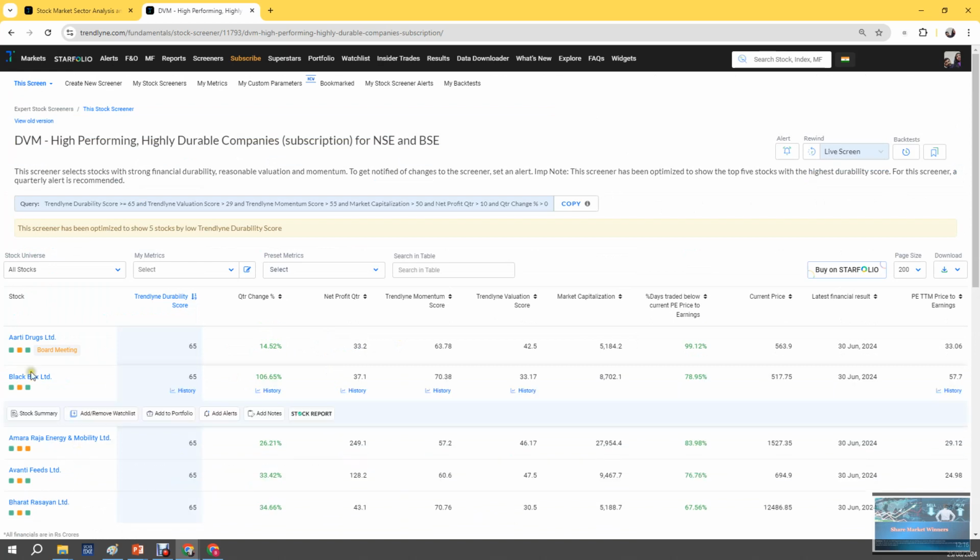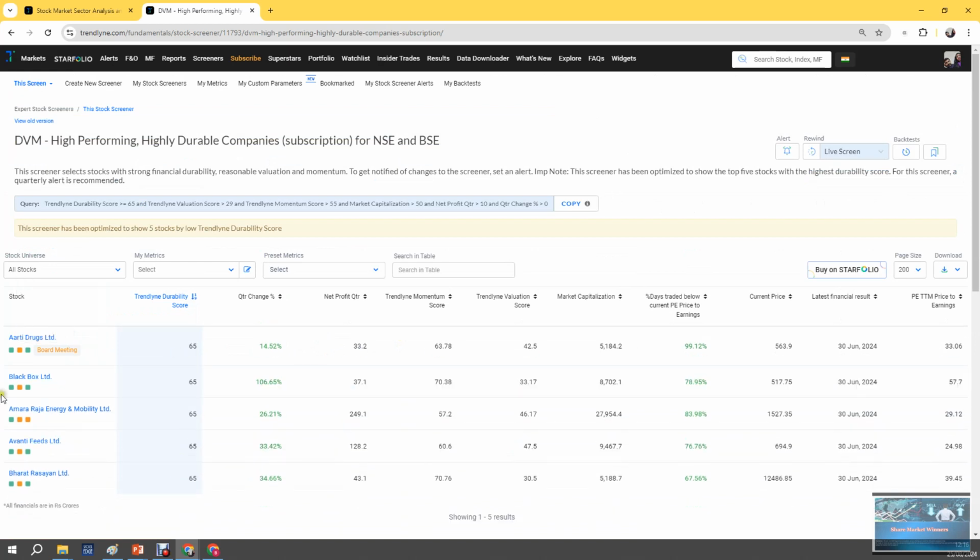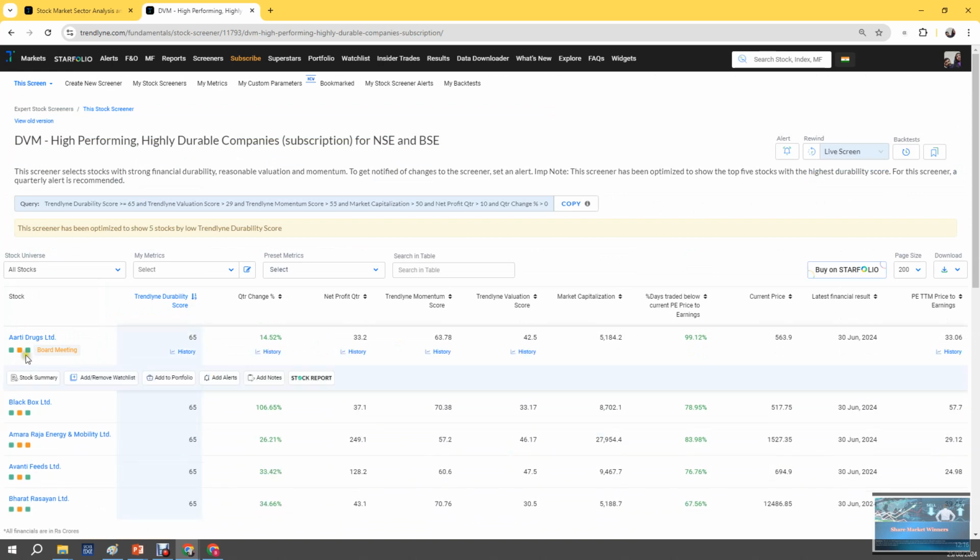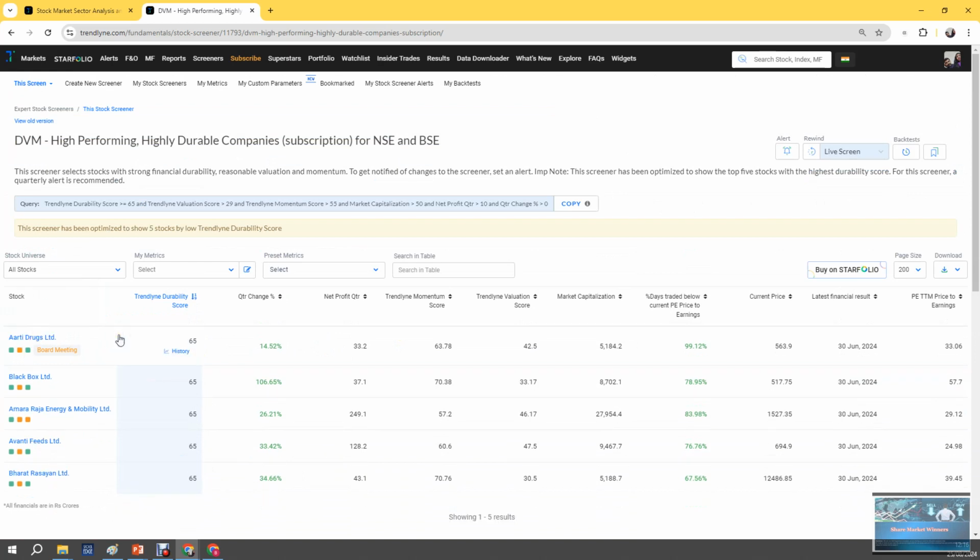But when you click on that, you will get 5 stocks with the highest rating. You can sort that, see all those stocks, and then further deep dive into the stock and see whether it is a potential stock for us to consider or not. You can see the quarterly changes as well, how much percentage it has moved, and how the trend line scores have changed.